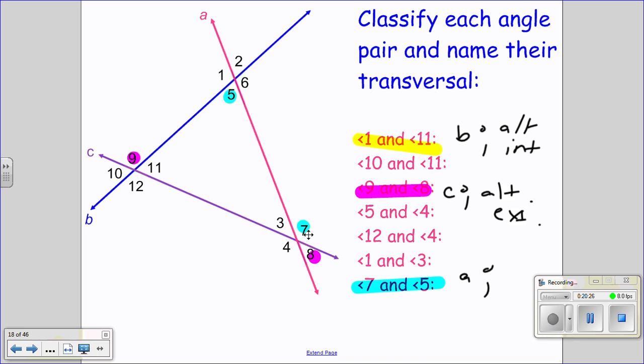So that's an alternate position. Plus, they are in between the other two lines, B and C. So that means they're alternate interior. Again, you should be able to finish the rest on your own. And make sure you take a picture because I'm checking.